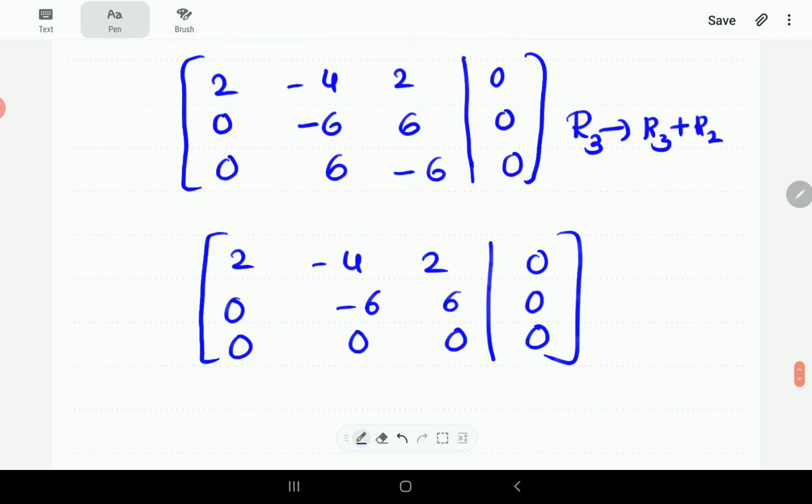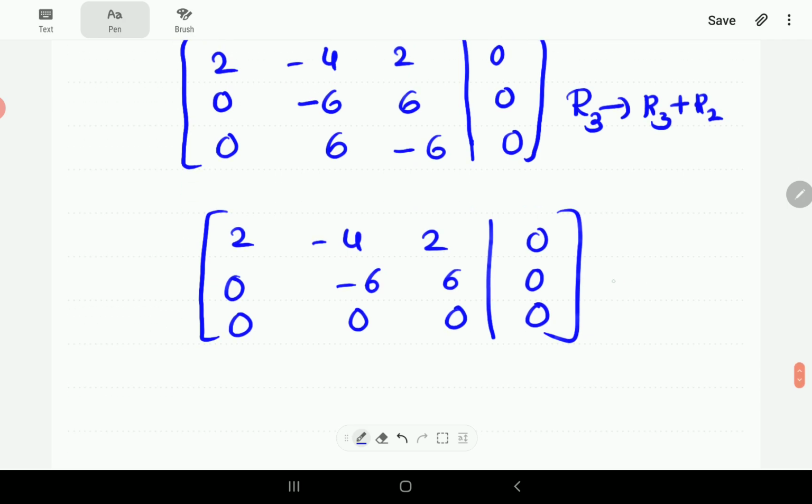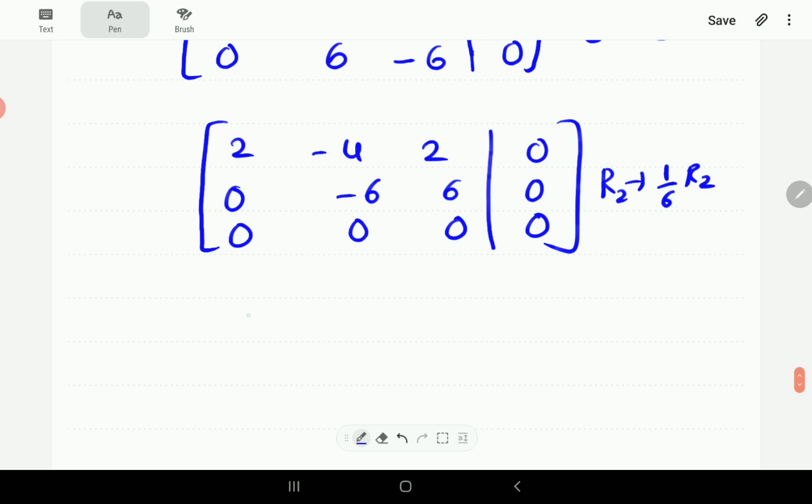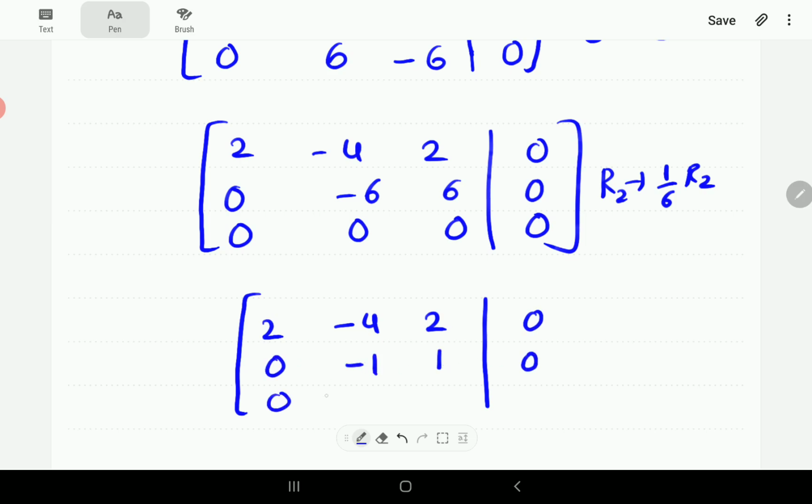Then from R2, I think we can take negative 1 by 6 out. So this will give you 2, negative 4, 2; 0, negative 1, 1; 0, 0, 0.